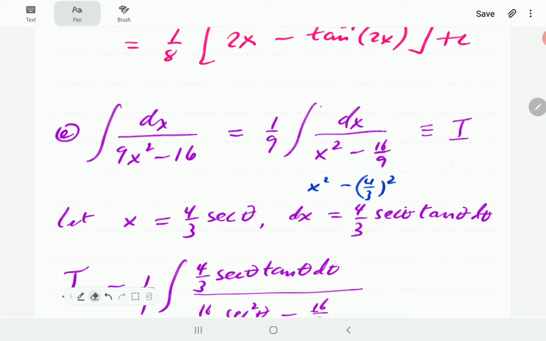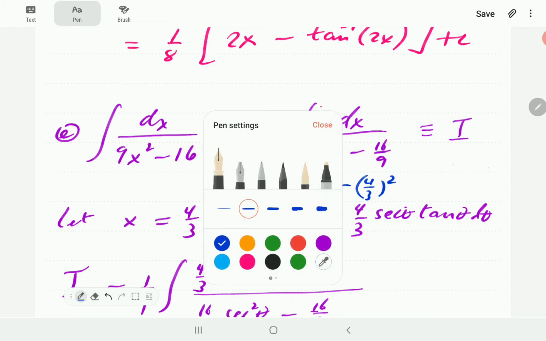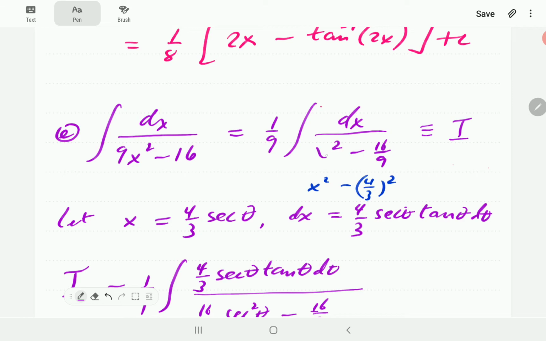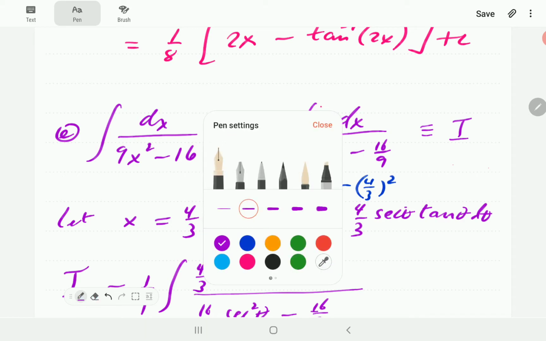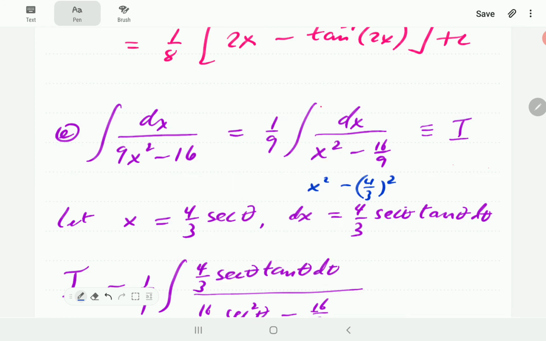So that tells us that our a is 4/3. And so we're going to set x to be 4/3 secant, because the x squared is positive there. If the x squared is negative, then it is the sine substitution. But the x squared is positive here, so it's a secant.